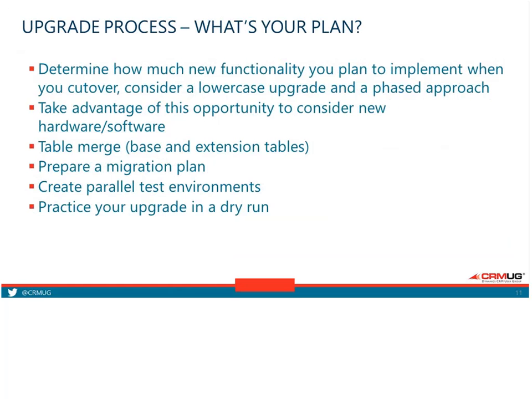And what that meant to us was taking advantage of as minimal pieces of functionality as possible, and then taking a phased approach after we went live. You might ask, why didn't you spend more time up front looking at ways to implement some of the new features? For us, it was about least user impact.